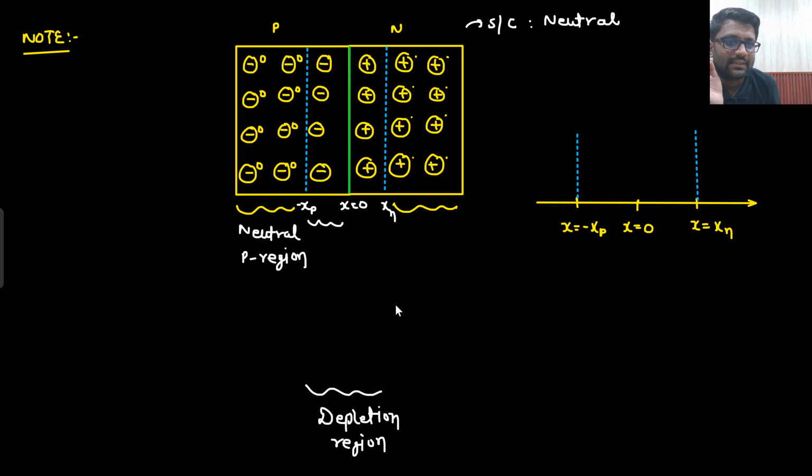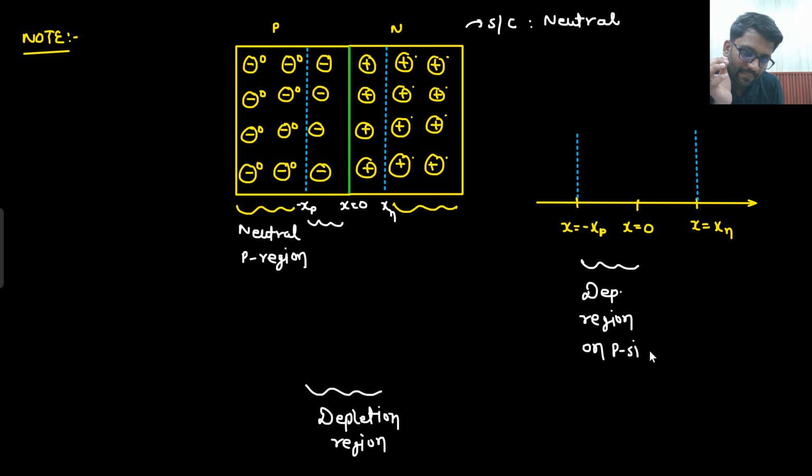So this particular part I will call the depletion region on P side. Sir, what is the meaning of adding the word neutral here? Why is it known as neutral P region?